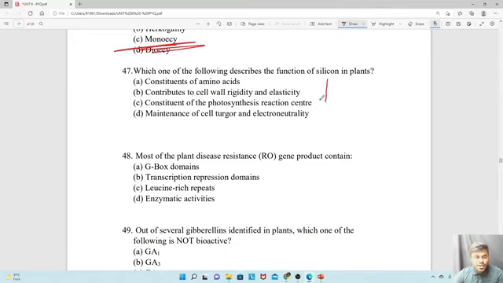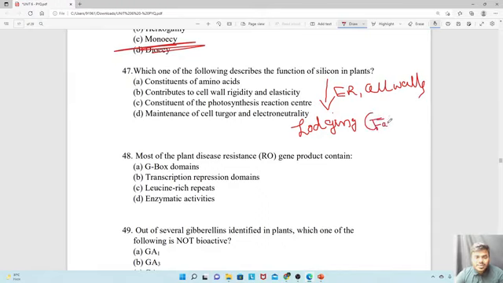First of all, where silicon is present, it is deposited in the ER and in the cell walls also. Friends, if there is no deposition of silicon, the plant will undergo a process called lodging. What do you mean by lodging? Lodging means, friends, falling off.